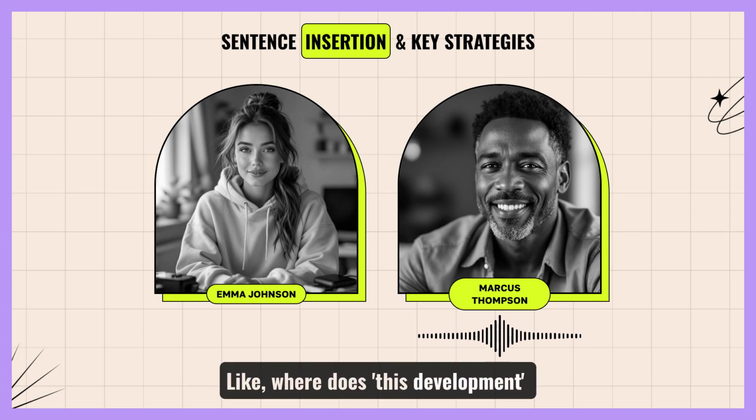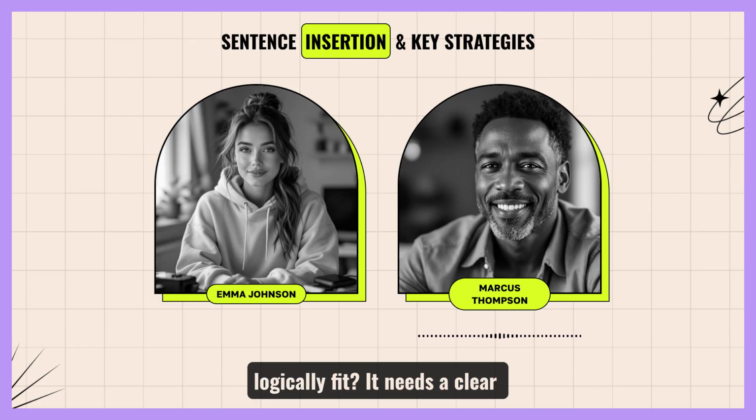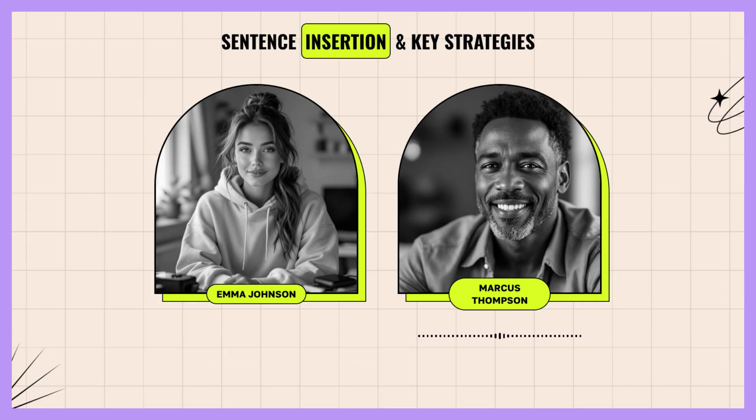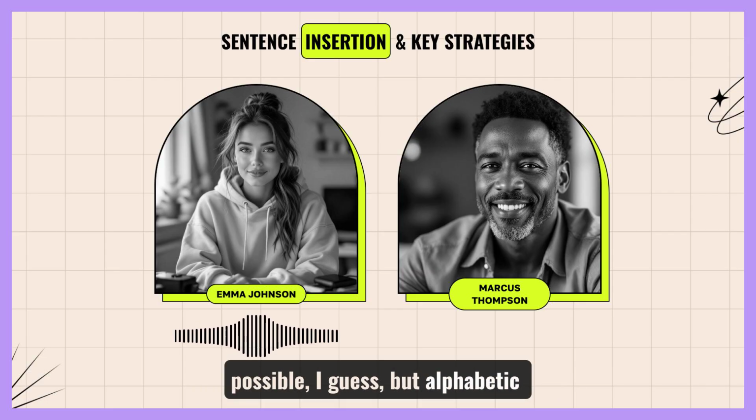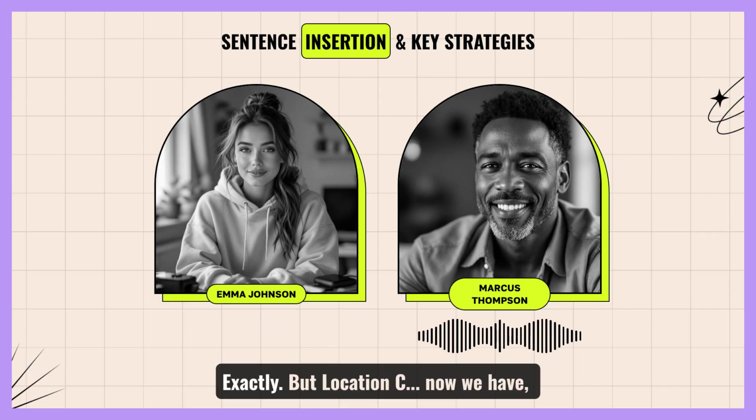Where does this development logically fit? It needs a clear reference point. Location A feels too early. There's no clear development yet. Yeah, I agree. And location B, it's possible, I guess. But alphabetic writing isn't directly about preservation across communities, is it? It's more about simplification. Exactly.